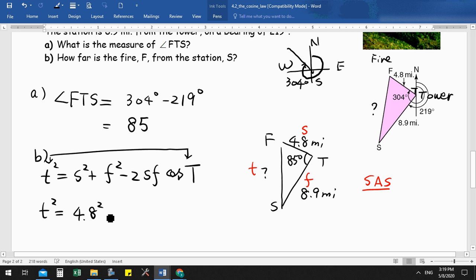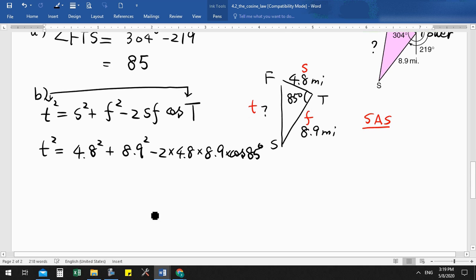So once we have this cosine law, we are going to sub in the given information: 4.8 squared plus 8.9 squared minus 2 times 4.8 times 8.9 times cosine of 85 degrees. And this time t squared is by itself already, so you just need to type everything into your calculator.